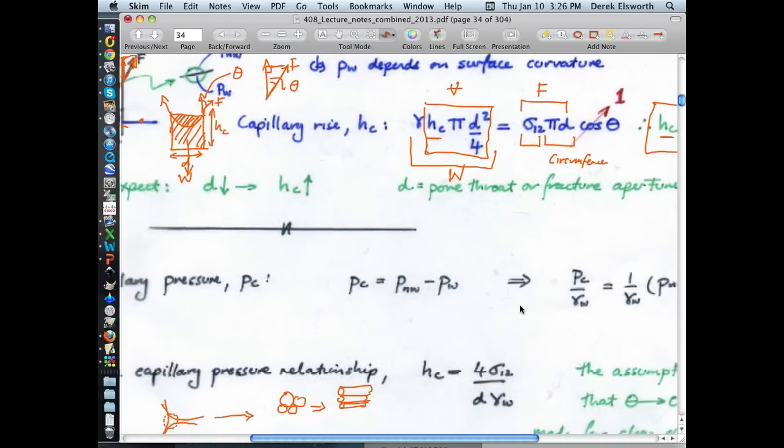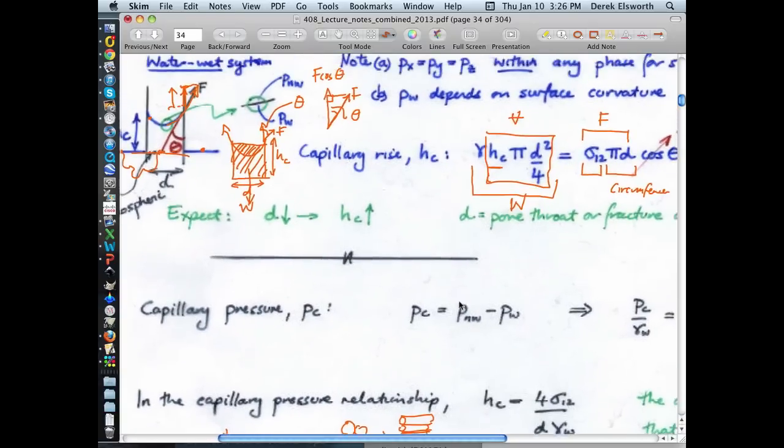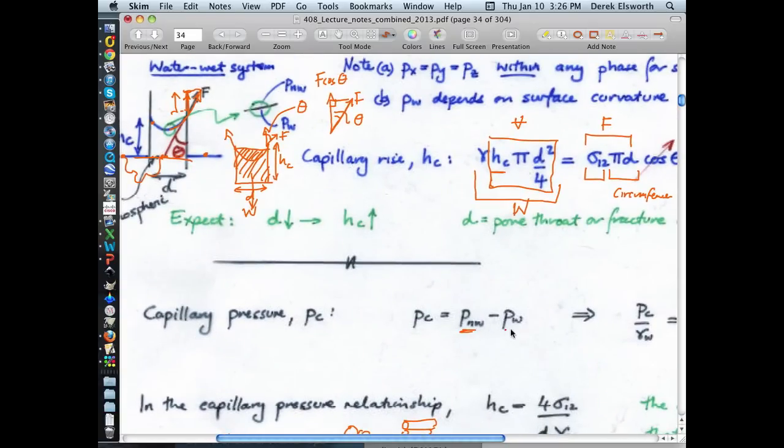If we define a pressure between the non-wetting and the wetting fluids, as we said already, we defined this parameter of capillary pressure as the difference by definition between the non-wetting fluid pressure minus the wetting fluid pressure. Then in this particular case, the pressure of the water here would be PW, the wetting pressure.